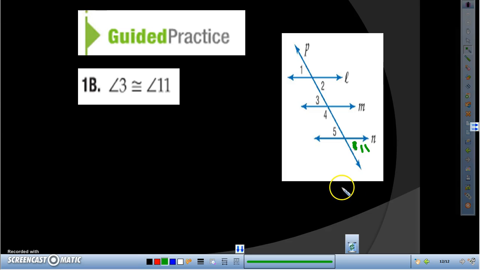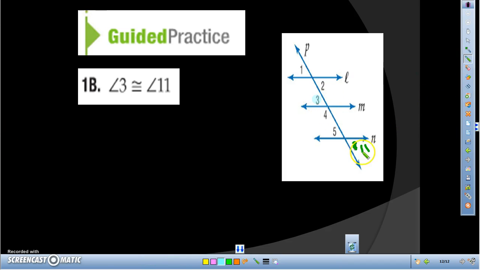Okay, so now that we know what angles we're dealing with, I've got this guy and I've got this guy. I can narrow down what part of my figure I'm actually concerned with. Okay, so here is one of my angles, there's my other, so line M, line N, and again my transversal is going to be P.